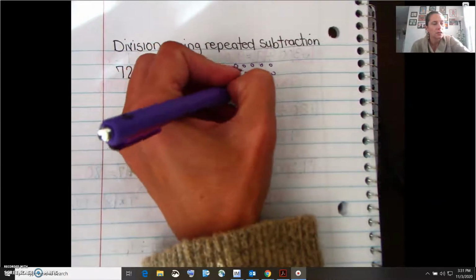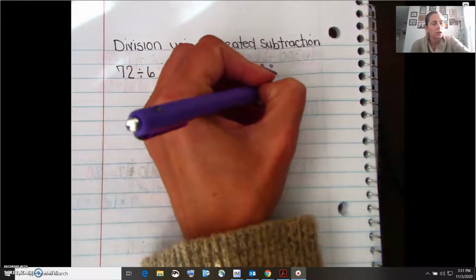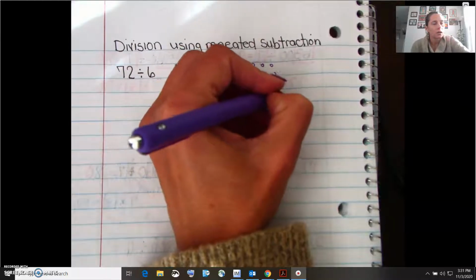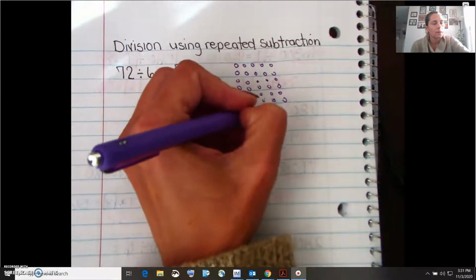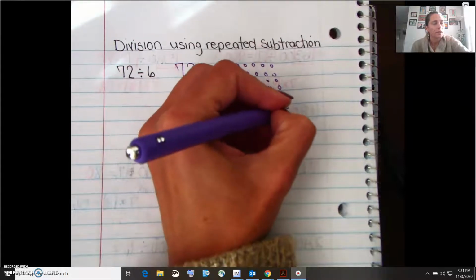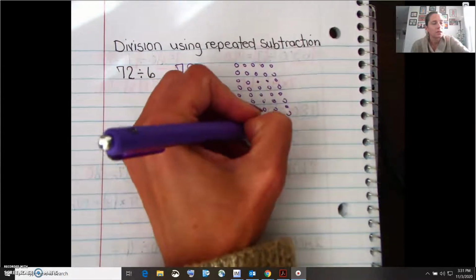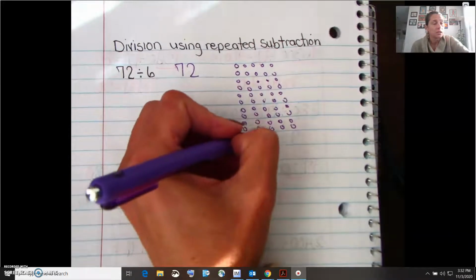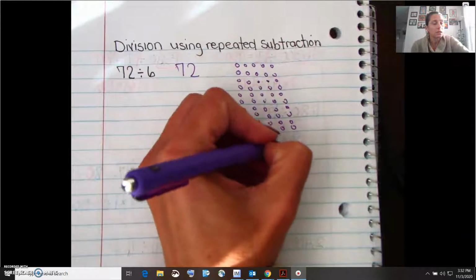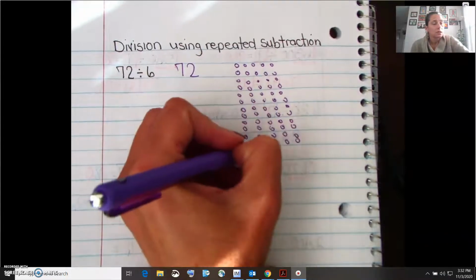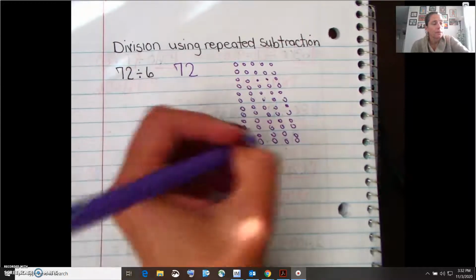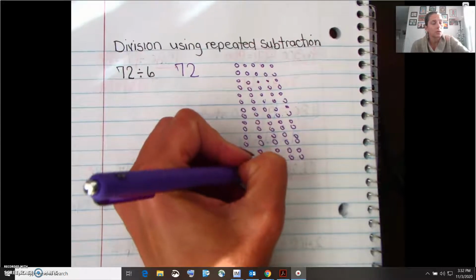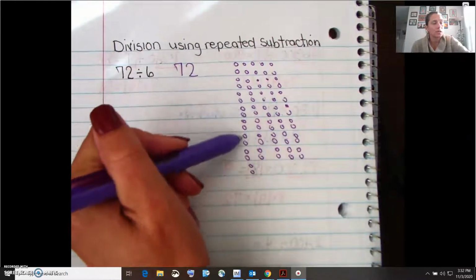So that's 10, 20, 30, 40, 50, and we can see why we wouldn't always want to draw it out, but I'm going to draw it out so you can see. 60, 70, 2. So it's 10, 20, 30, 40, 50, 60, 72.